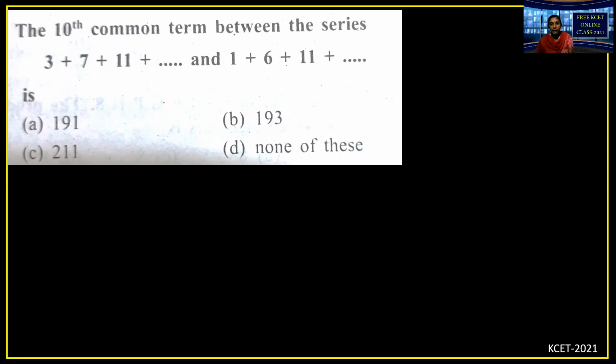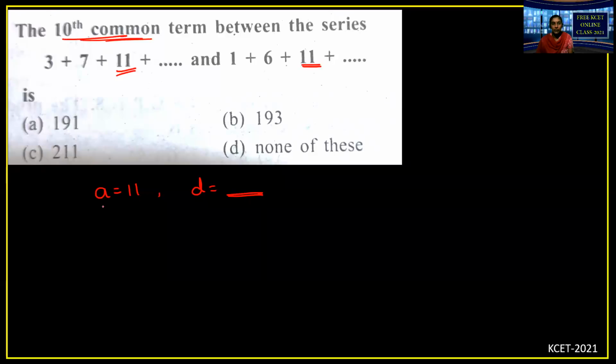The second sequence is 1, 6, 11, and so on. The first common term in these two sequences is 11. Then I want to calculate the value of the common difference to get the 10th common term.